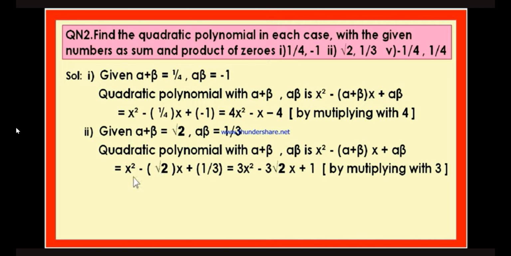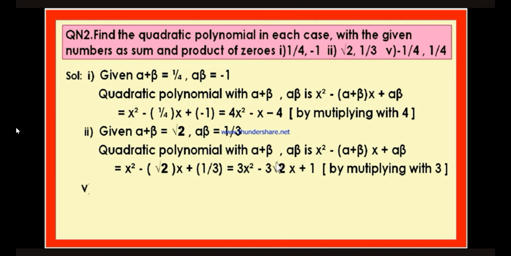Again you can find 3 in the denominator. Therefore let us multiply all these 3 terms with 3. Then 3 into x squared is 3x squared, minus 3 root 2 x, plus 3 into 1 by 3, which cancels and gives 1. We got this polynomial by multiplying with 3.